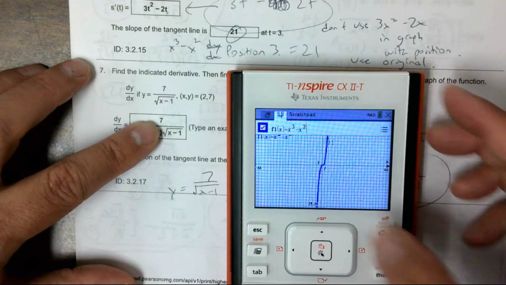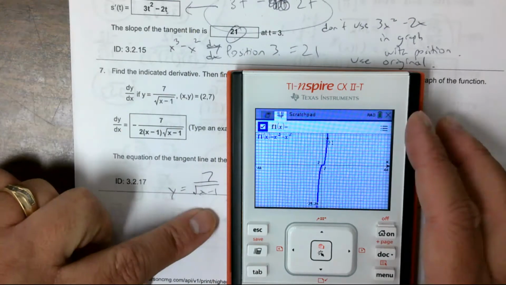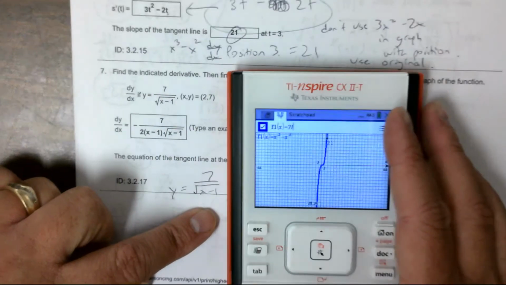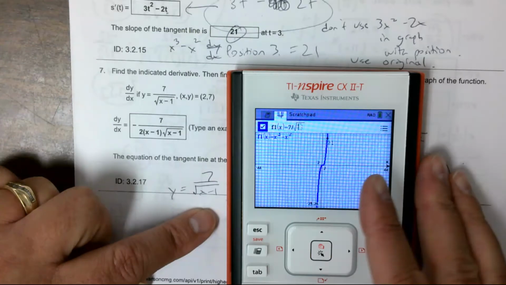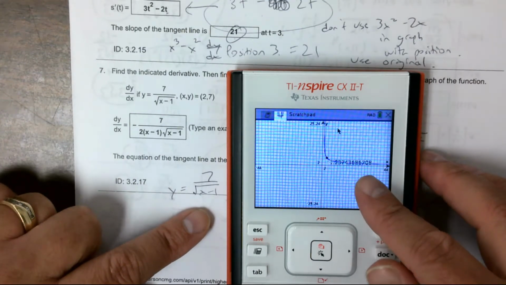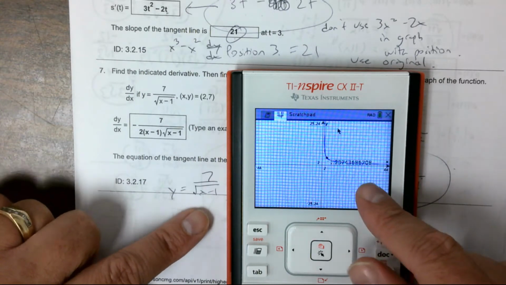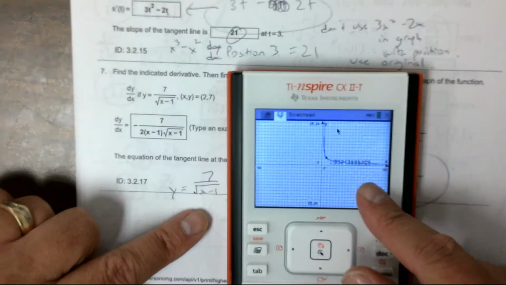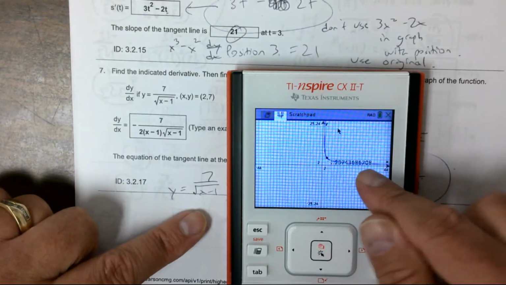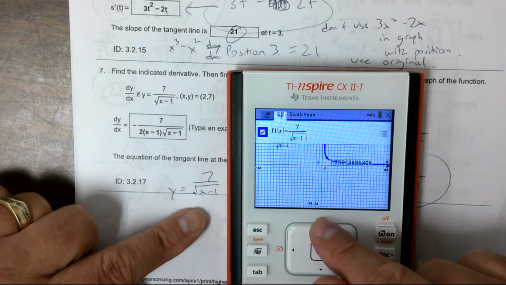Okay, so the original 7 over the square root x minus 1. Okay, there it is. That number was just random. That's why sometimes I just do a new document, because I don't trust that number. It's blocked. No.